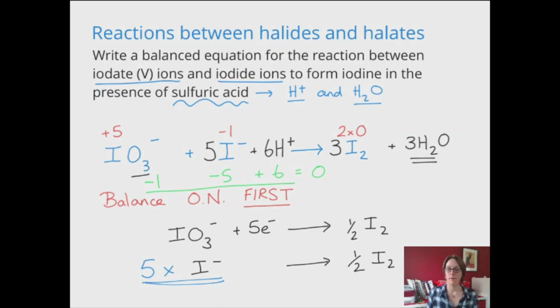And all the other numbers would change proportionally. Every time you have an extra oxygen in your iodate ion, you will need an extra water and an extra 2 hydrogens. So it all balances out. It's quite predictable. In fact, you could try writing equations for iodate 1, iodate 3, and iodate 7 with iodide, and you see they will come out the same way.